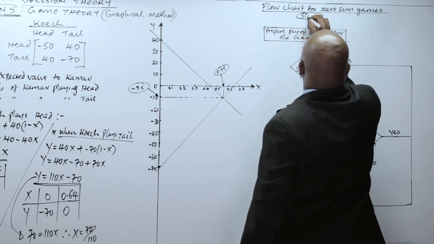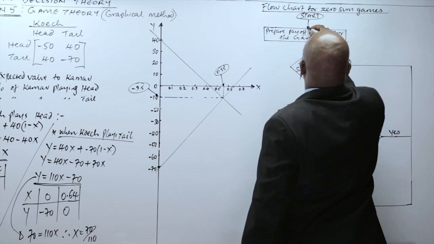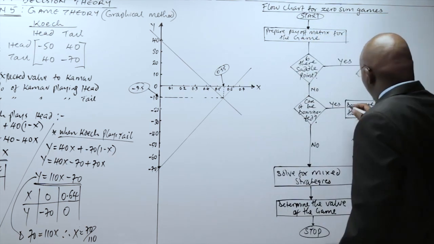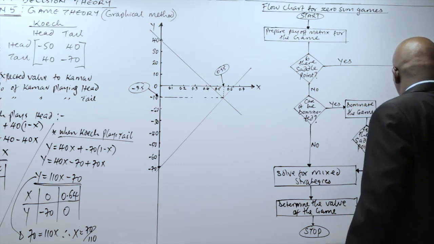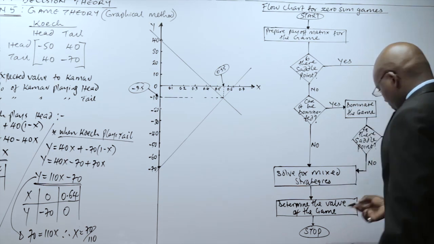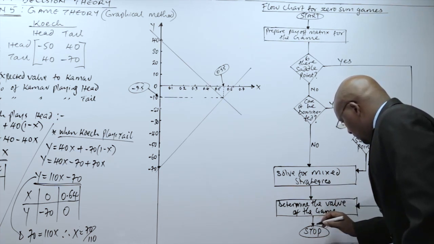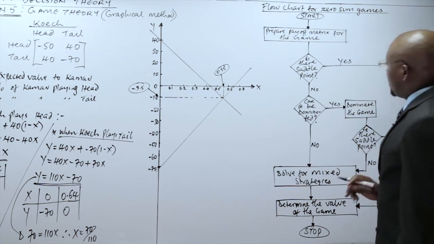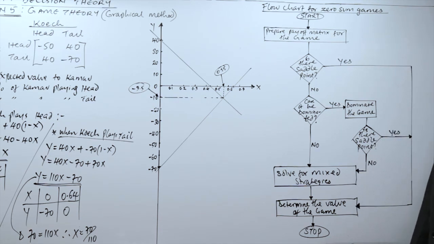So it was start. That way you can have an arrow showing where the arrow is going. The rest of the arrows go that way. Now, this is what we call the flow chart diagram for zero-sum games.